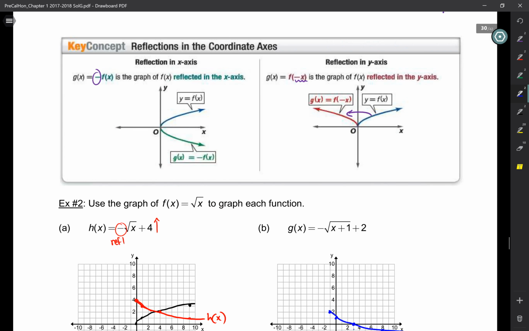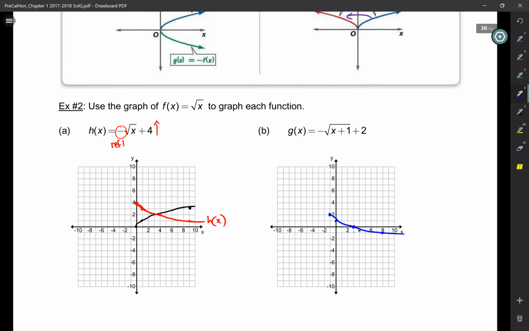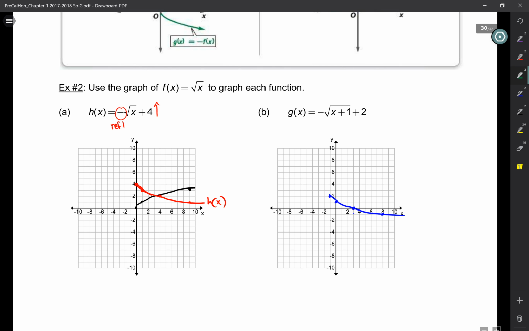What would it look like if it flipped horizontally? Reflection on the y-axis? Like the equation. It would be with a negative in here.